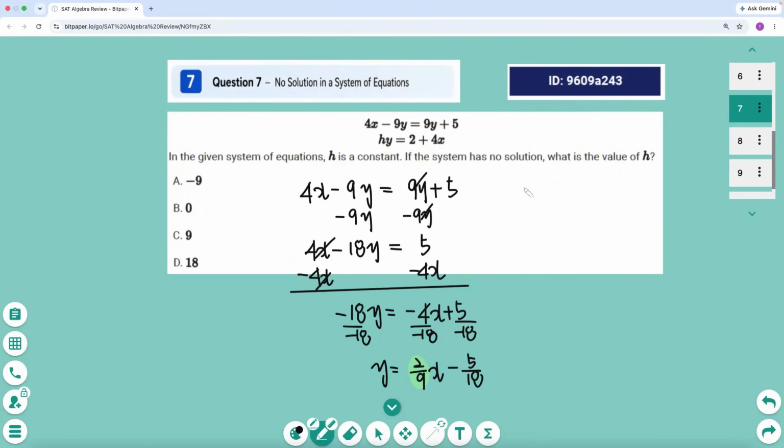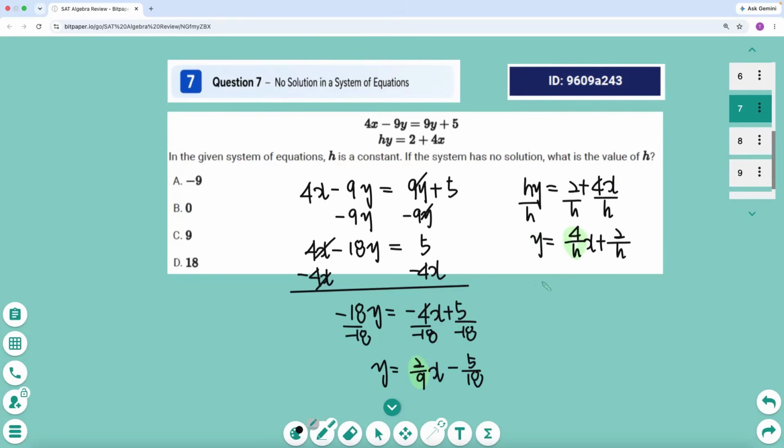Now look at the second line. The equation is hy is equal to 2 plus 4x. Dividing both sides by h, y equals 4 over h x plus 2 over h. So the slope of the second line is 4 over h.